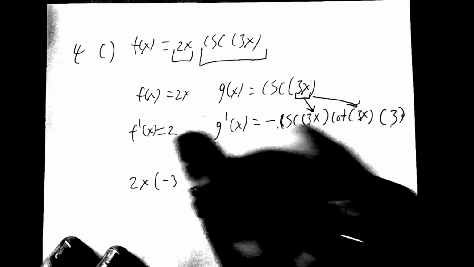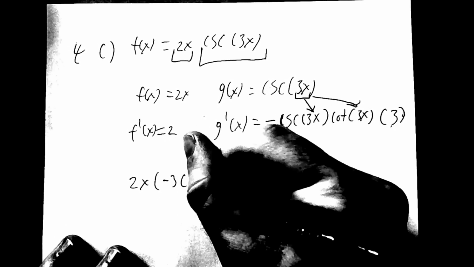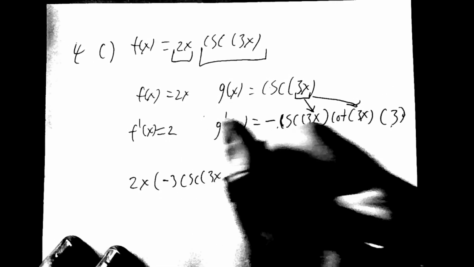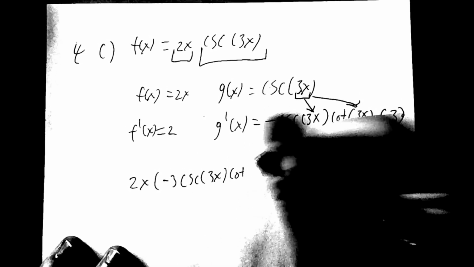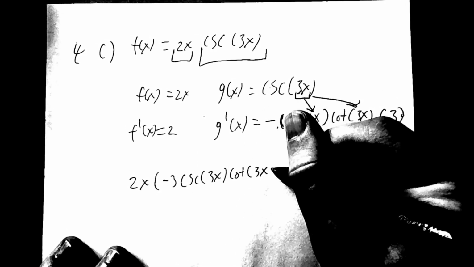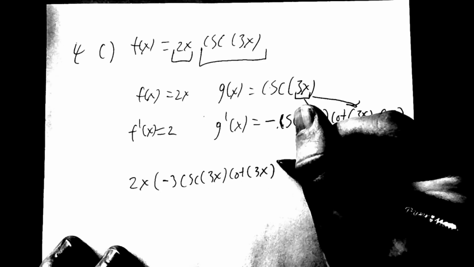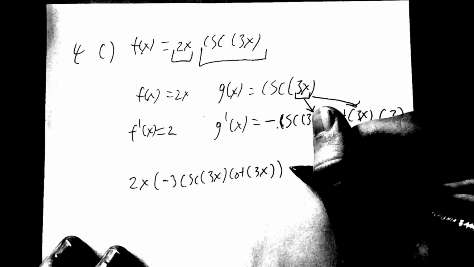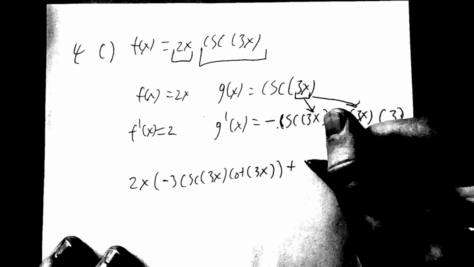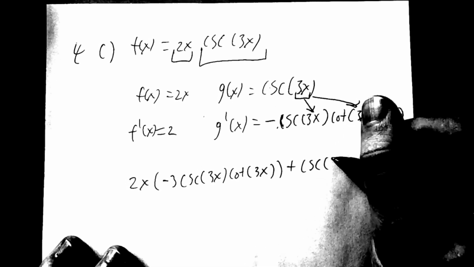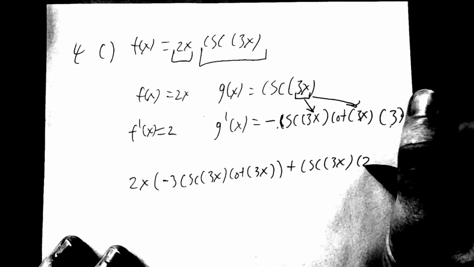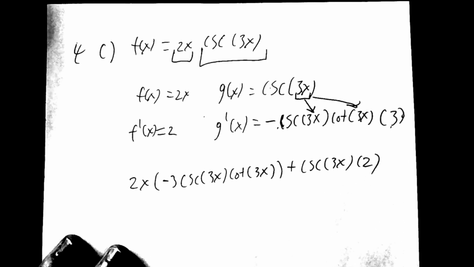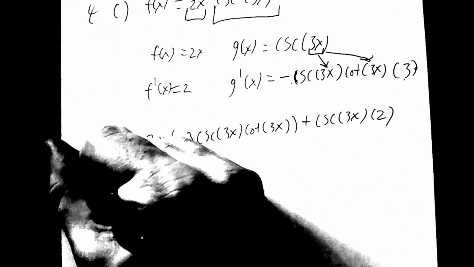So it's going to be negative 3 cosecant 3x cotangent 3x, plus cosecant 3x times 2. That's it.